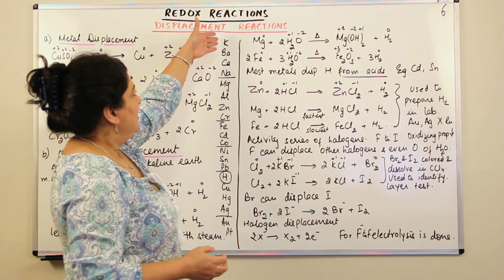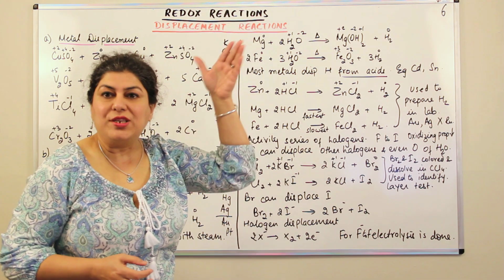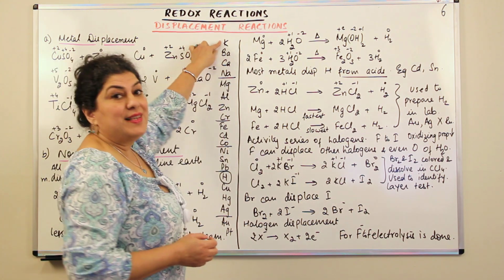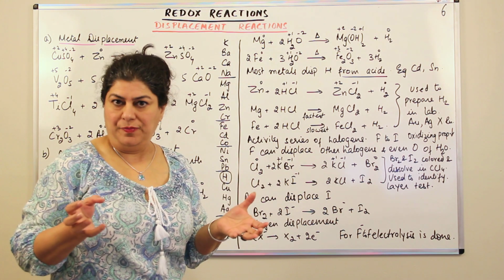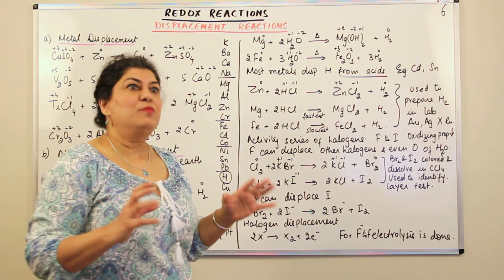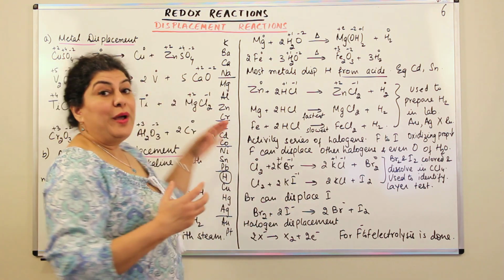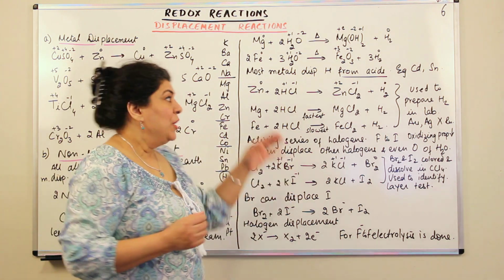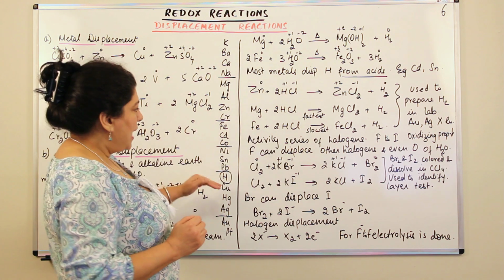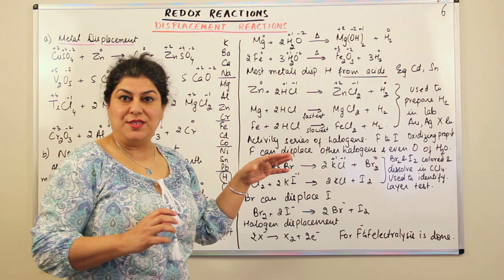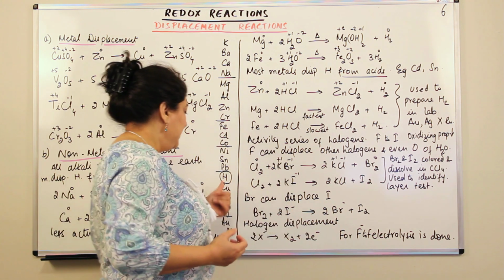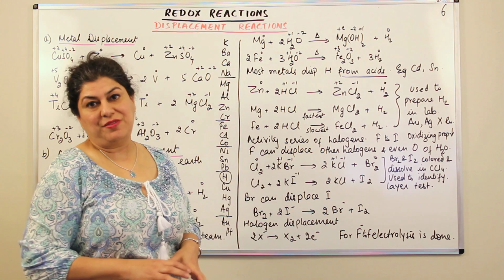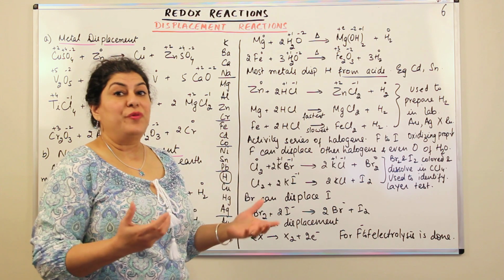So when I say this has the strongest tendency to get oxidized, we'll say this is the strongest metal, and therefore this is the weakest metal chemically in terms of its reactivity. That is why it is called the reactivity series. So any metal which is higher up in the activity series will have a tendency to displace a metal that is lower down in the reactivity series, since it is more reactive.